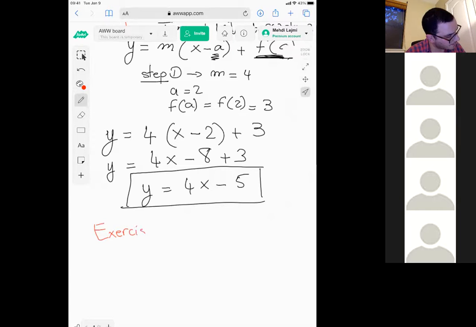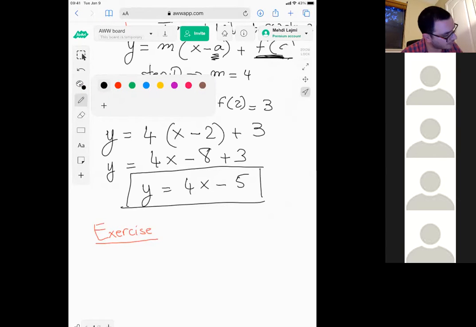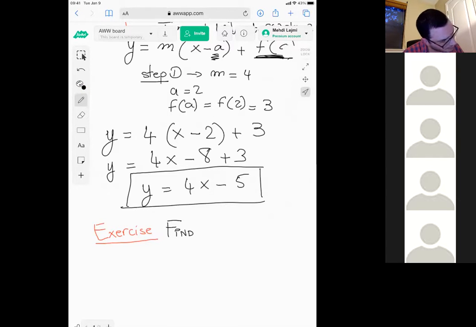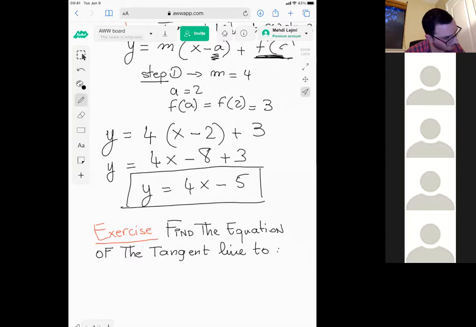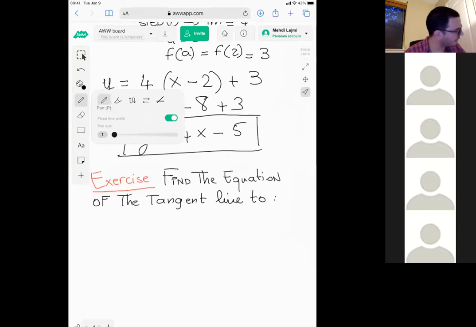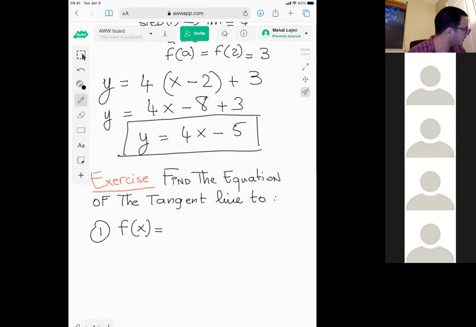Find the equation of the tangent line to, first, f of x equals square root of x at x equal to 1.